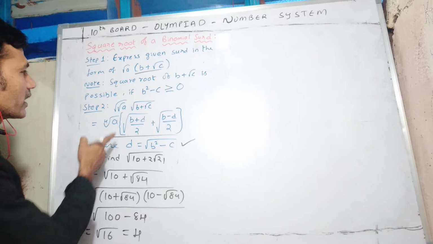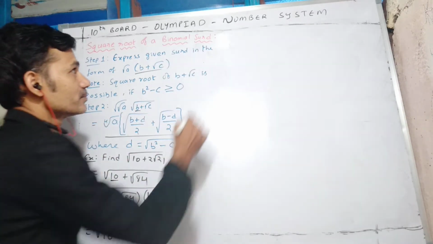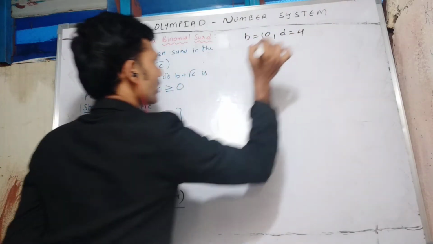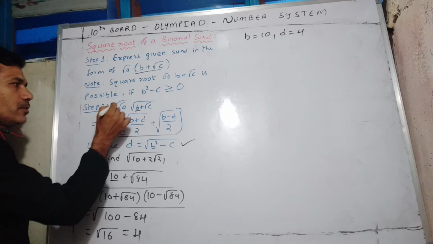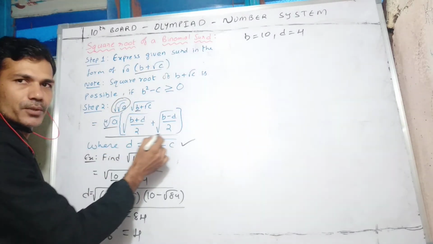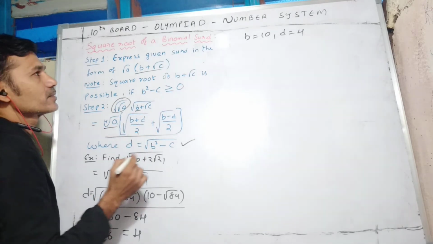And b value you can get directly. Here b value is 10. So b value is 10 and d value is 4, we got. So this you can use as a formula for square root of b plus root c. So what will we get?